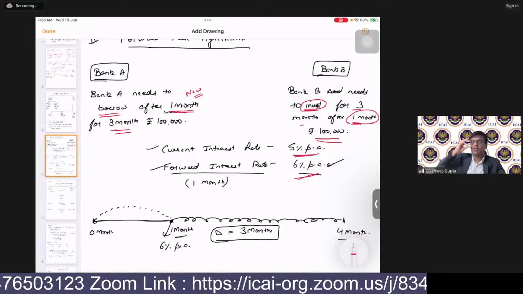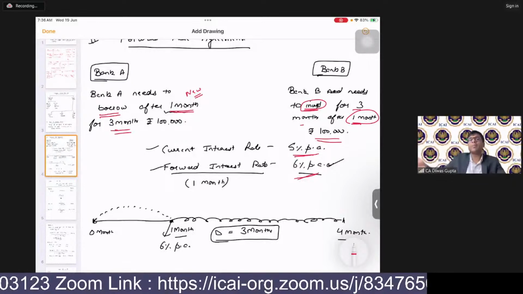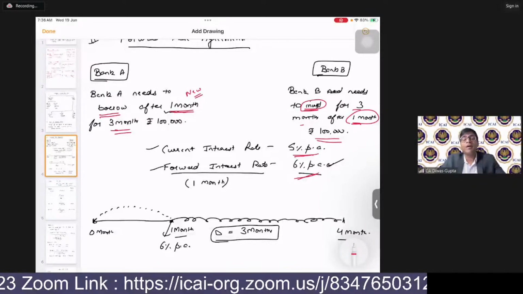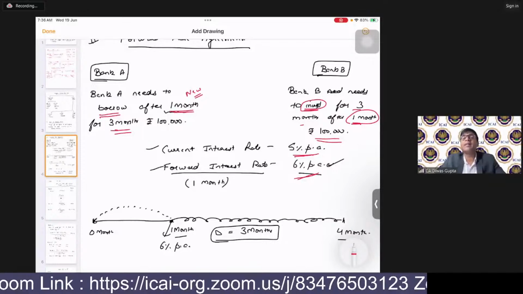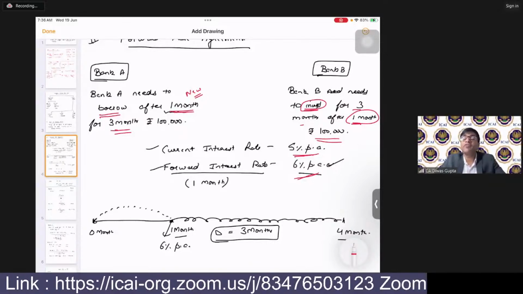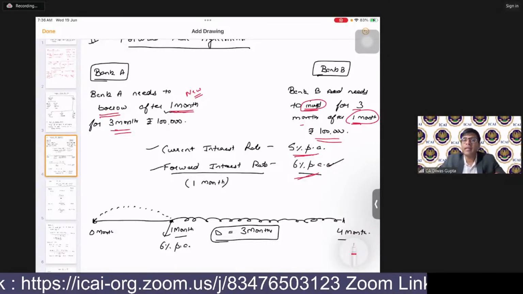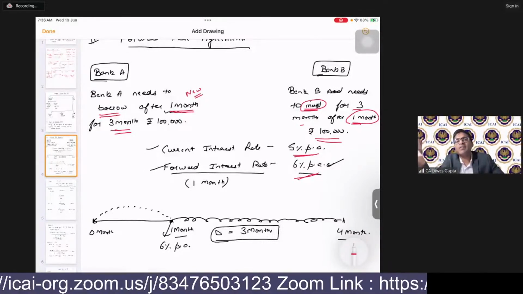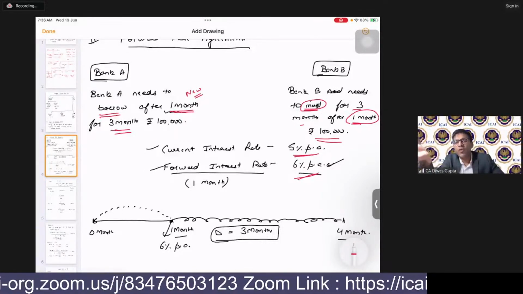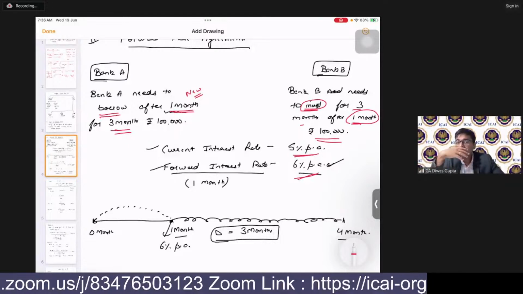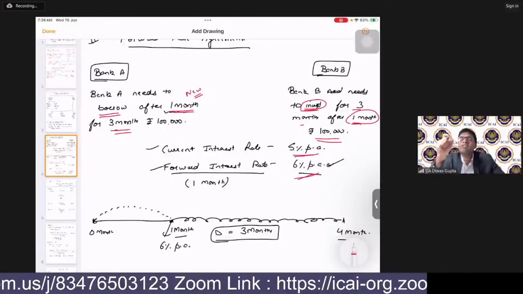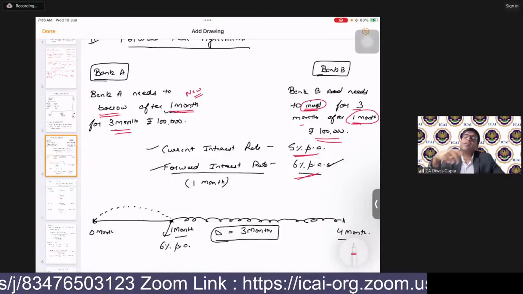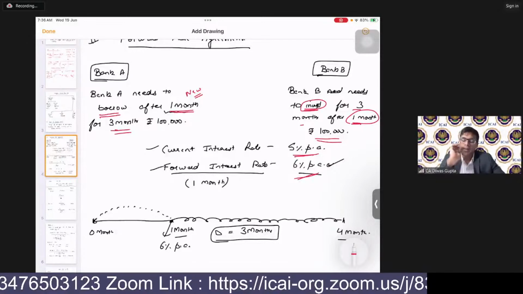Futures and options will quote the prices which are more forward looking, which will be applicable after that stipulated time period. For example, in case of equity share futures, we said 1 month, 2 month, 3 month expiry, 4 month, 5 month, 6 month, like that. So that price will be applicable after that stipulated tenure.